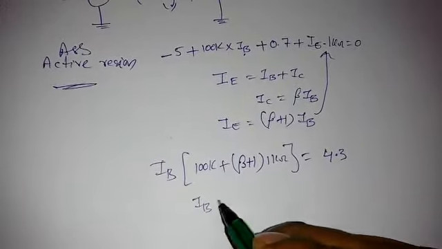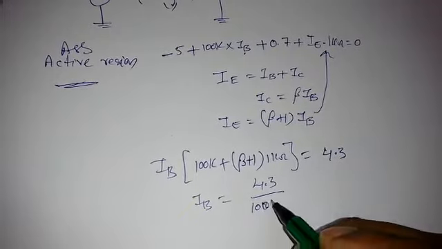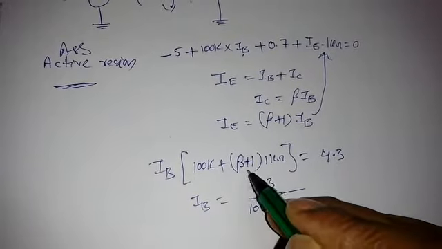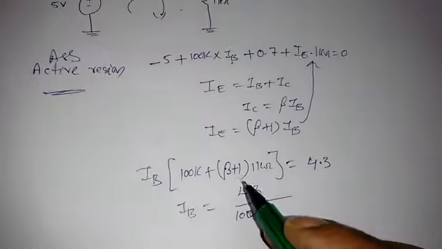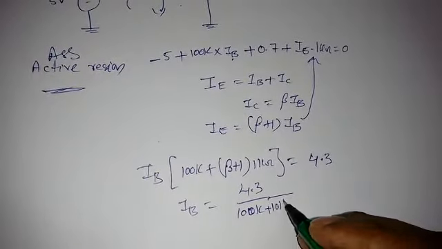So what is IB? 4.3 by 100 kilo plus, beta is given as 100, so beta plus 1 means 101, so 101 into 1 kilo ohm.